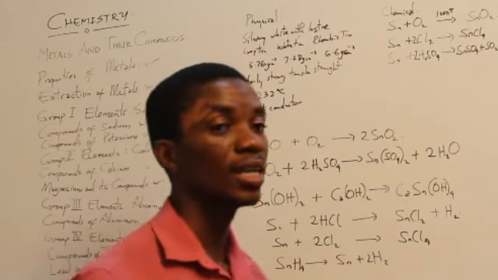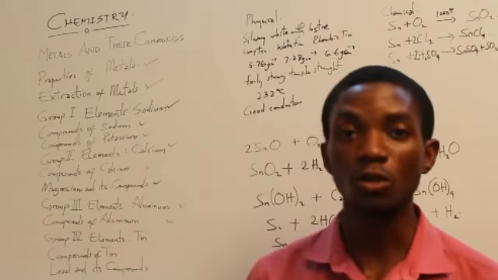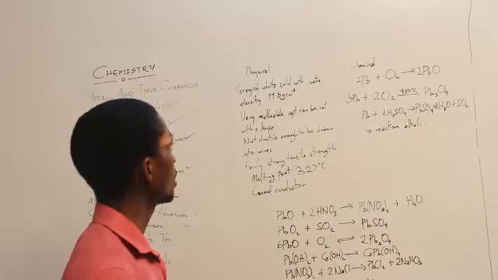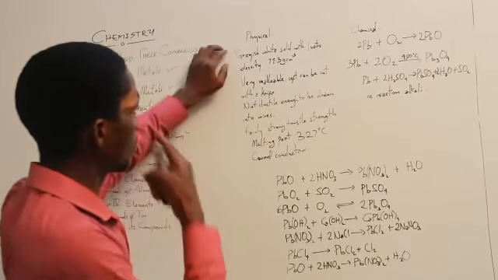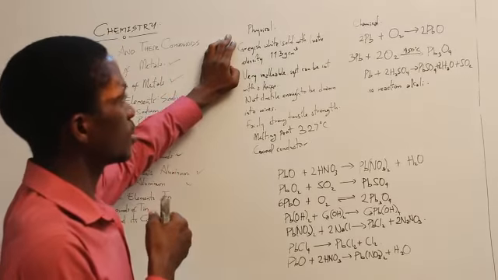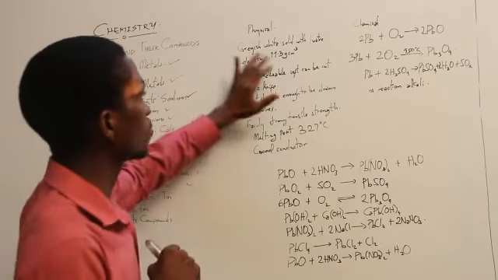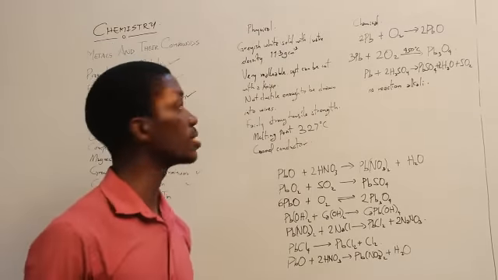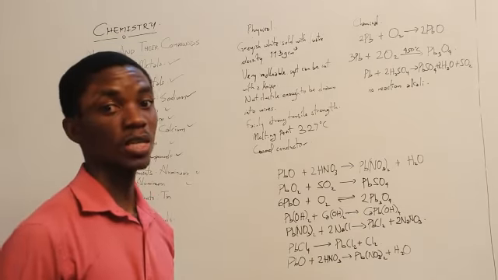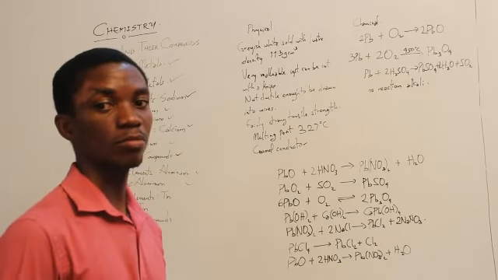Okay, let's consider lead. Lead is also a member of group 4. So considering lead this time around, we see that it is a grayish white solid with luster. It has a relative density of 11.3. That is quite dense. It is very malleable and soft. It can even be cut with a knife, just like your normal leather.